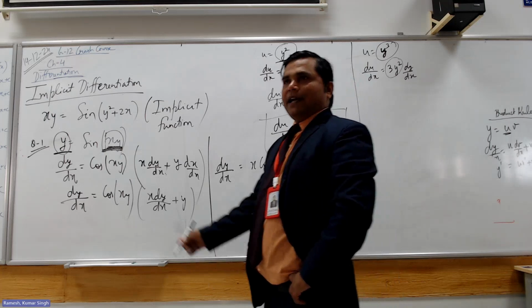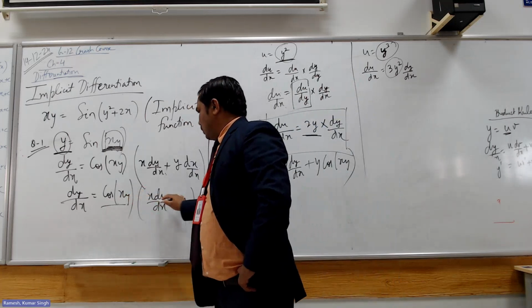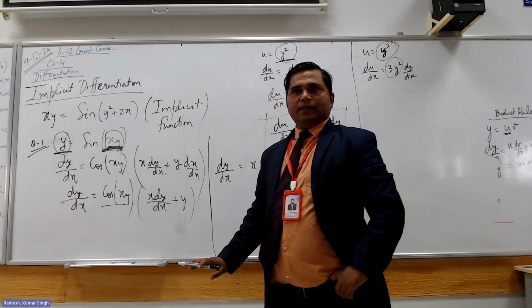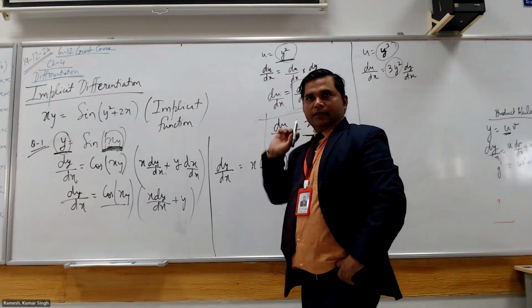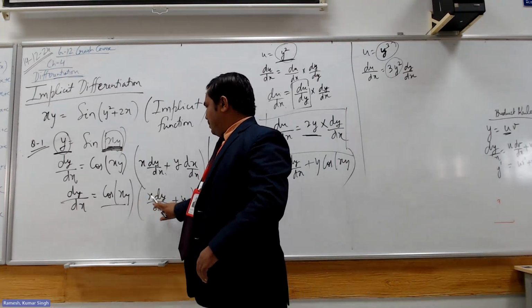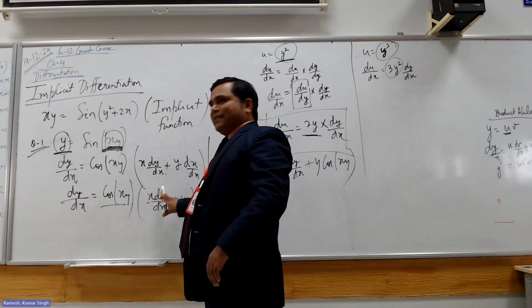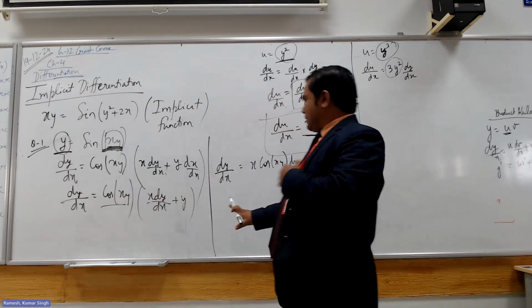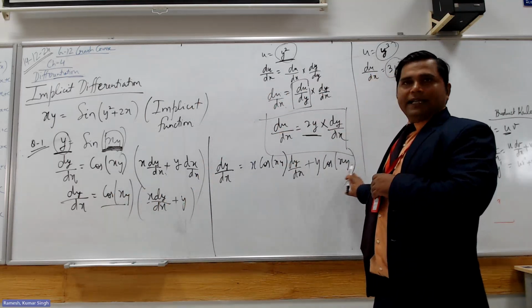Am I making sense? I've just multiplied cos xy to this and cos xy to this. Cos xy gets multiplied with x cos xy times dy over dx plus y cos xy.